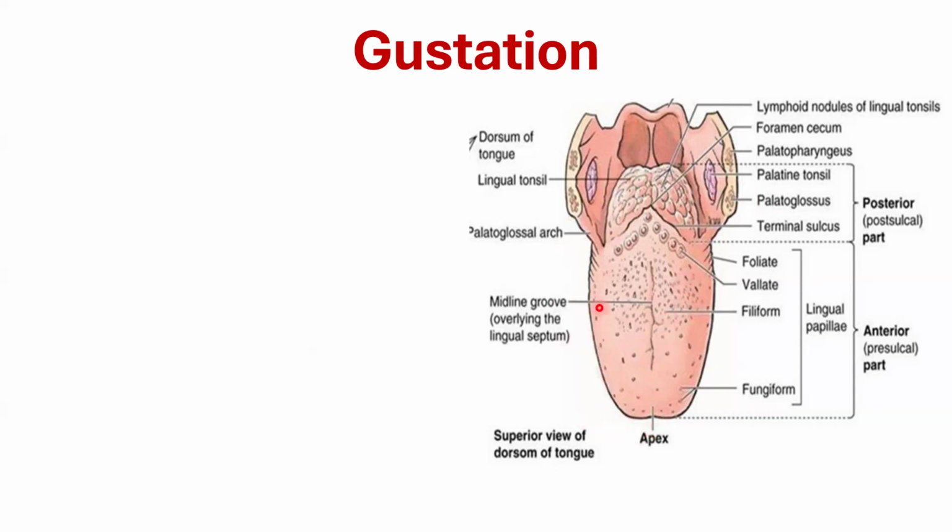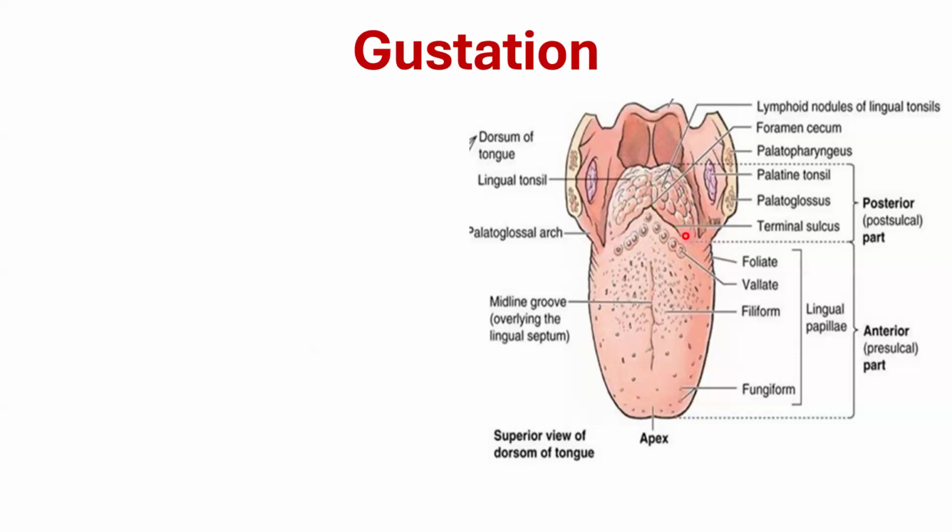The tongue is divided into two parts: the anterior 2/3 and the posterior 1/3, and then you have the root of the tongue. The anterior and posterior parts of the tongue are separated by this boundary, the sulcus terminalis, which is V-shaped.